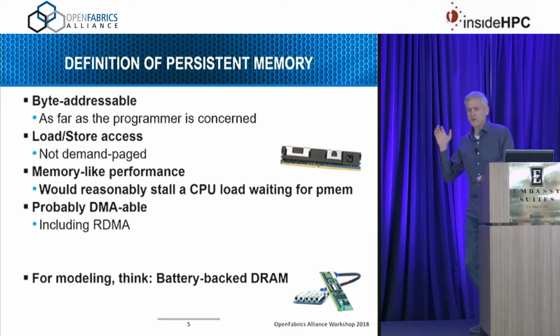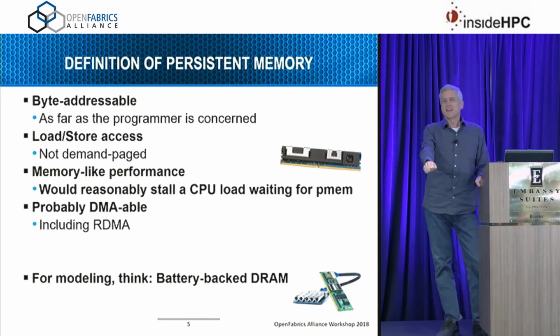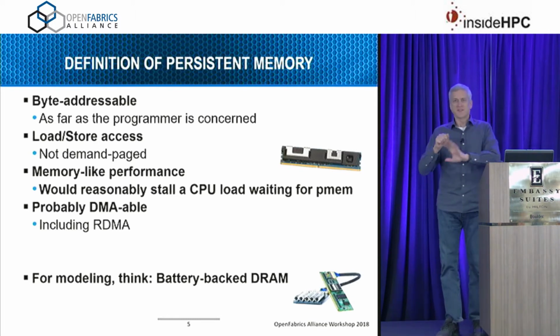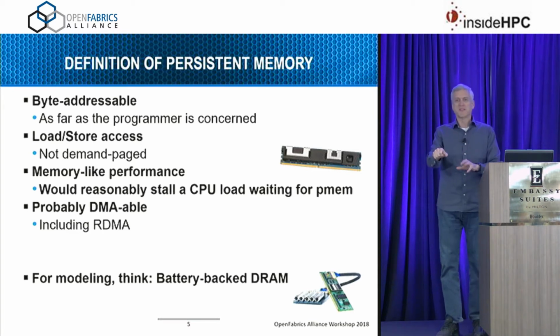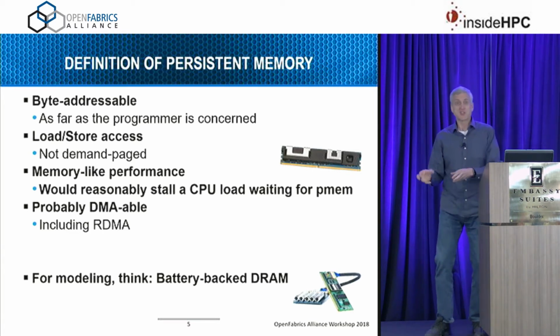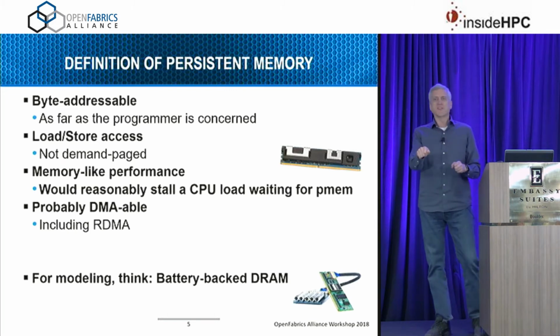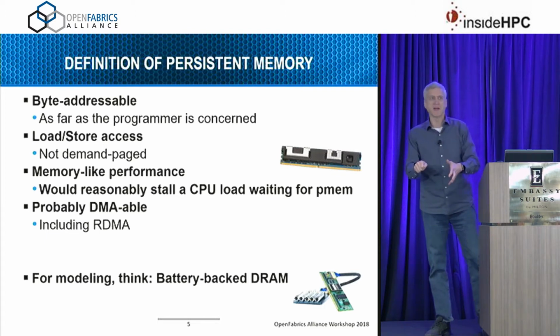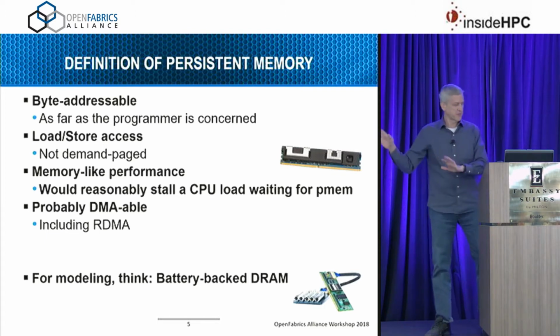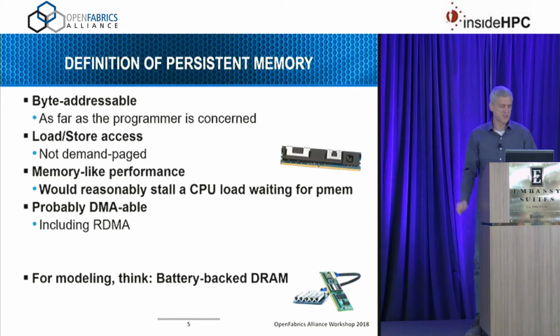In other words, if you're going to load something from persistent memory, it's okay just to wait, just to introduce a bubble in your CPU pipeline and wait for it, because unlike flash and hard drives, there really isn't time for you to context switch away, get some other work done, wait for the I/O to complete and context switch back, because the load is so fast. So it's a little bit of a subjective definition.